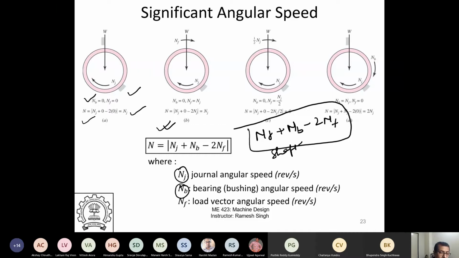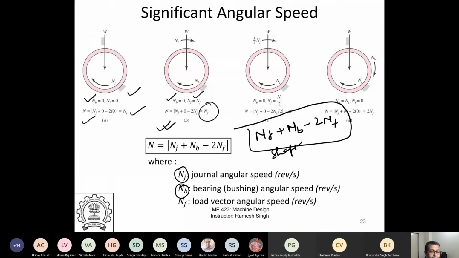And if your NB is 0, bearing is 0, and your NF is equal to Nj, meaning the angular speed of your shaft and the load vector is the same, in that case also, what you get is general rotation.